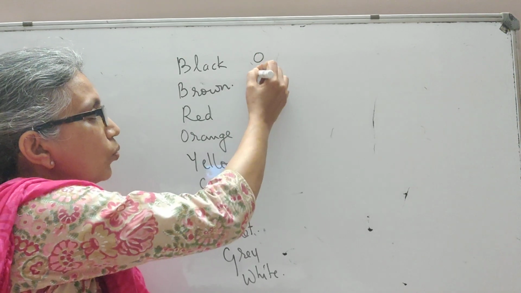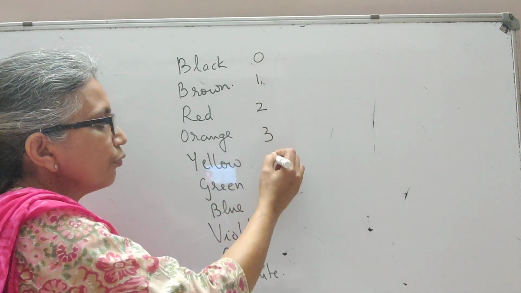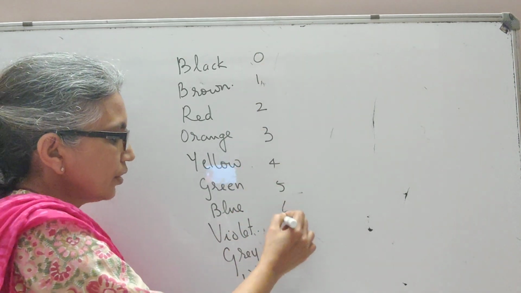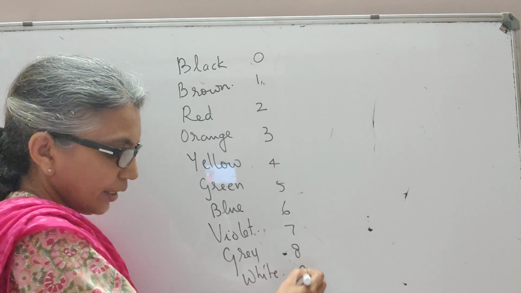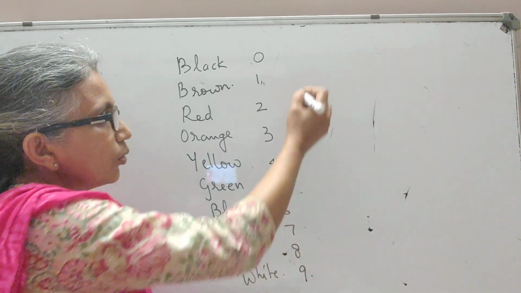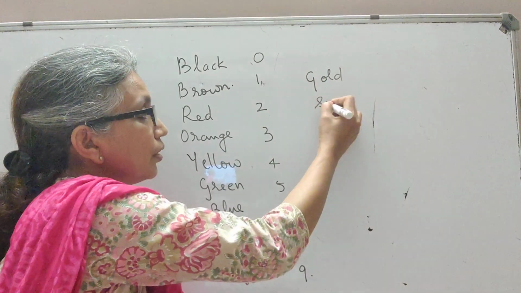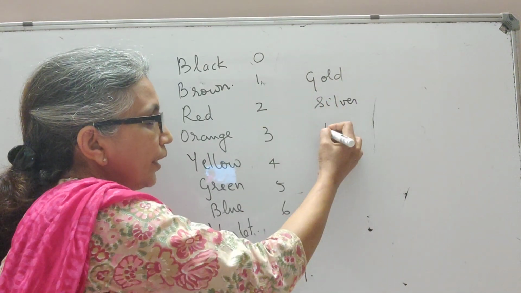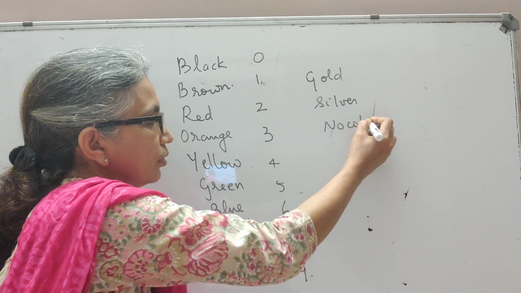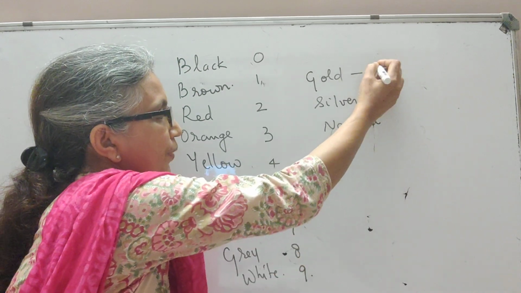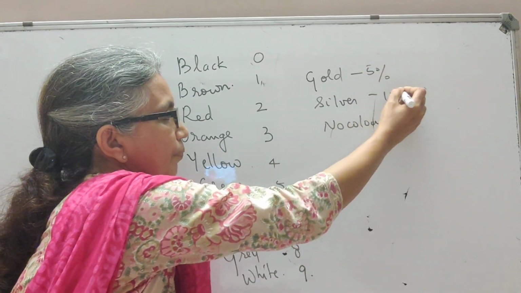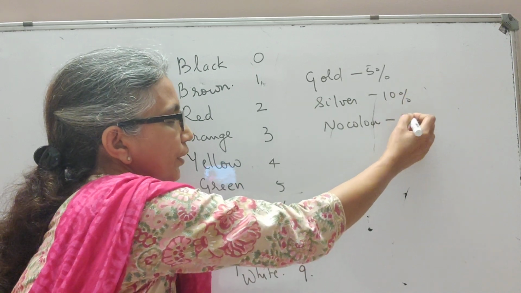Start with 0, 1, 2, 3, 4, 5, 6, 7, 8 and 9. Then you have gold, silver, and no color. This is 5%, this is 10%, and this is 20%.